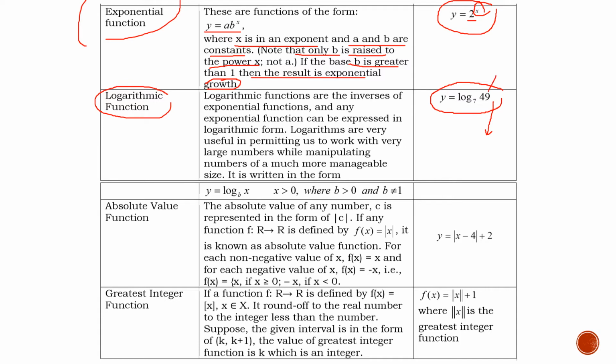This will be a good example of this one, wherein your x is greater than 0. So this 49 here, this part of the function, must be greater than 0, wherein your b or your base here is greater than 0 also, and your b is not equal to 1. Meaning to say, this b here as your base is greater than 0 and not equal to 1. It can be from 2 up to positive infinity, but not equal to 1 and not less than 1.